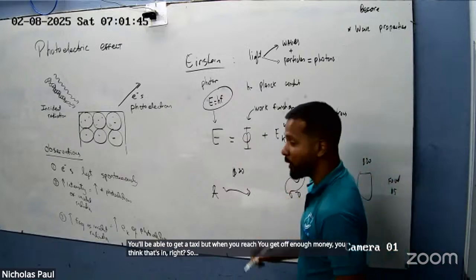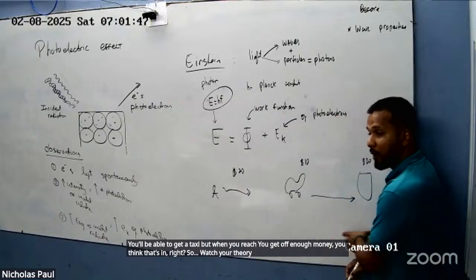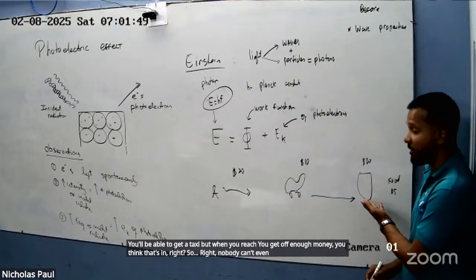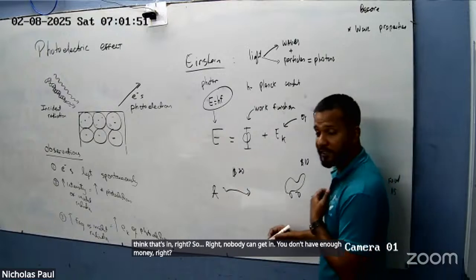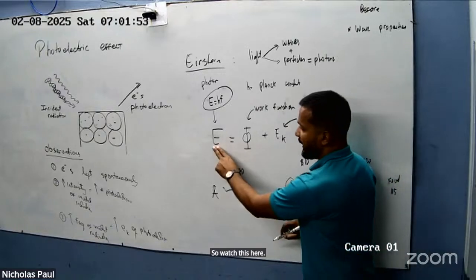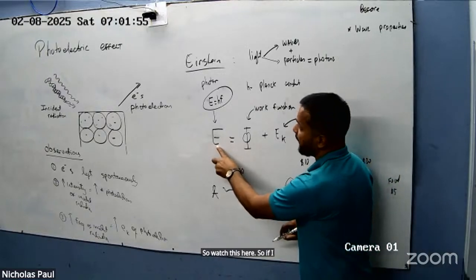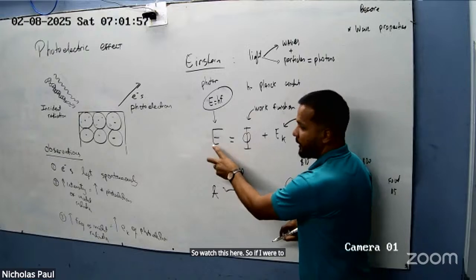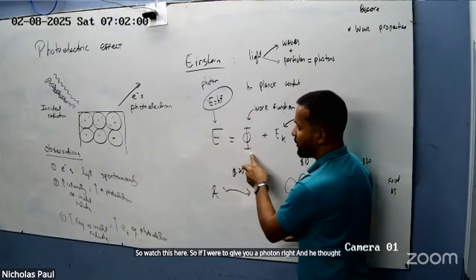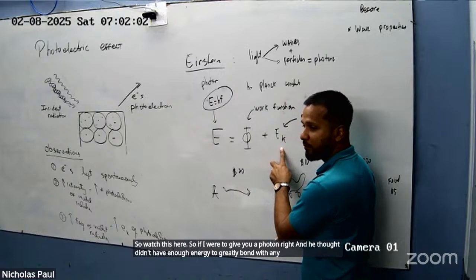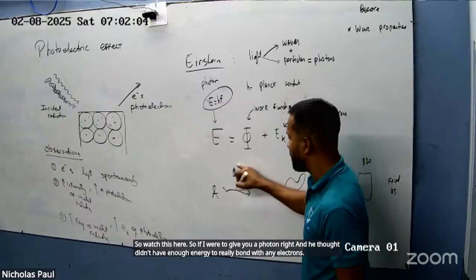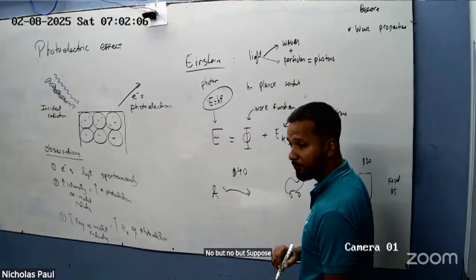So watch this here. If I were to give you a photon, and the photon didn't have enough energy to break the bond, will any electrons leave? No. But suppose you had $40. What would happen?